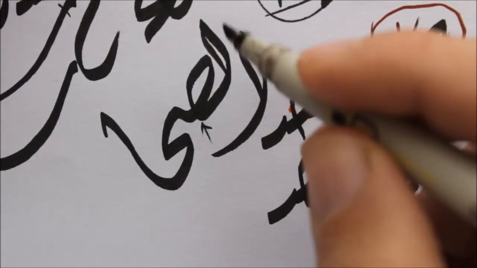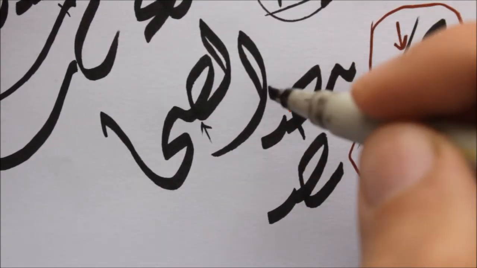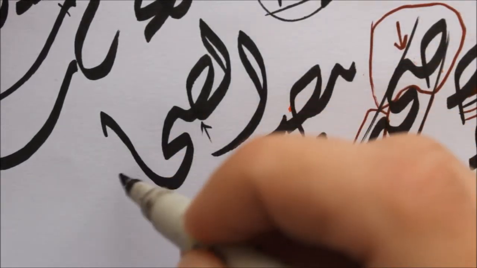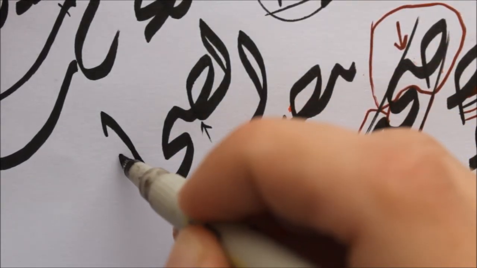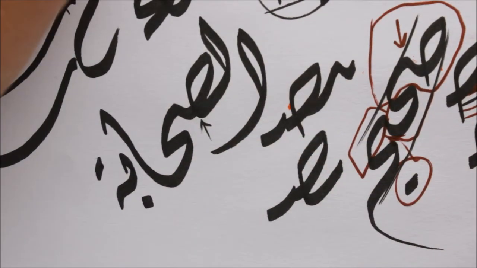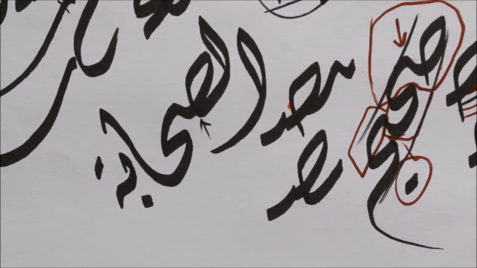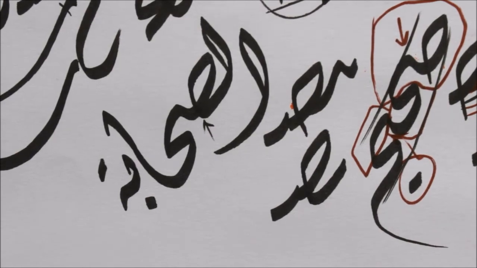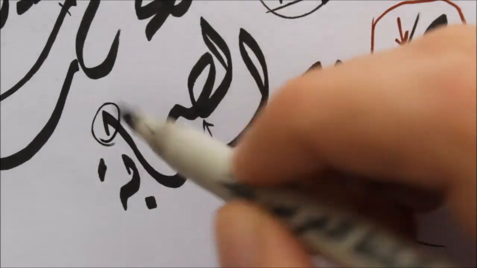We immediately rotated and just connected it immediately with the sad, and we can just add the ba here, Sahaba. Now with regards to the alif, the tip of the alif, here we have something called hilya.